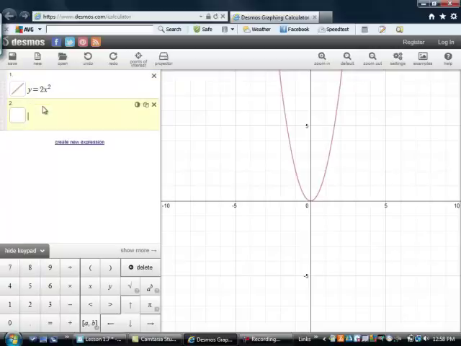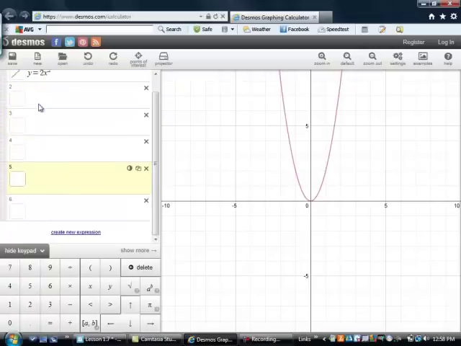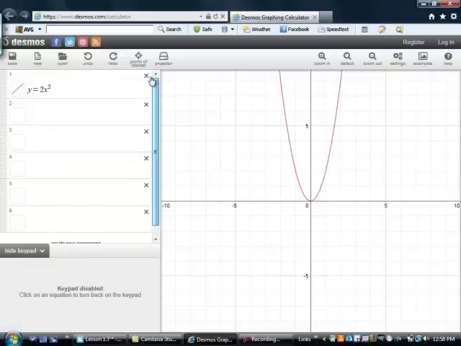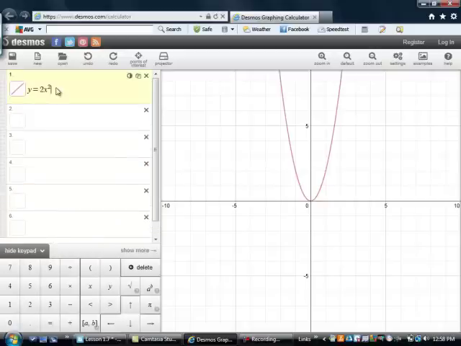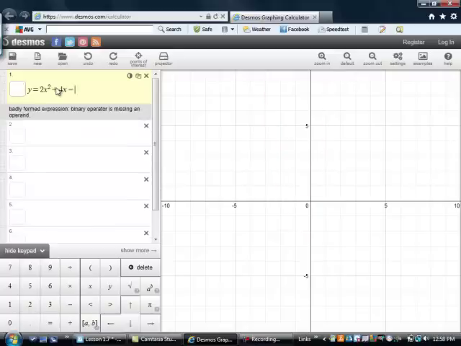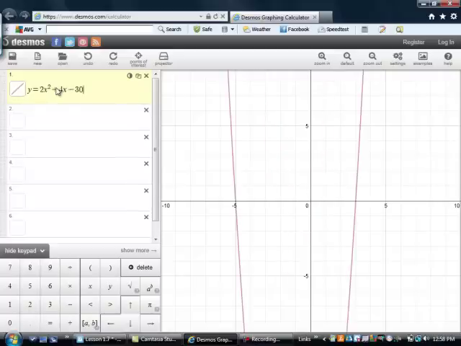Plus 4x, and then I'm going to put in the minus 30, because remember I set it equal to 0. And look, there it is. There's my quadratic. It's a parabola.